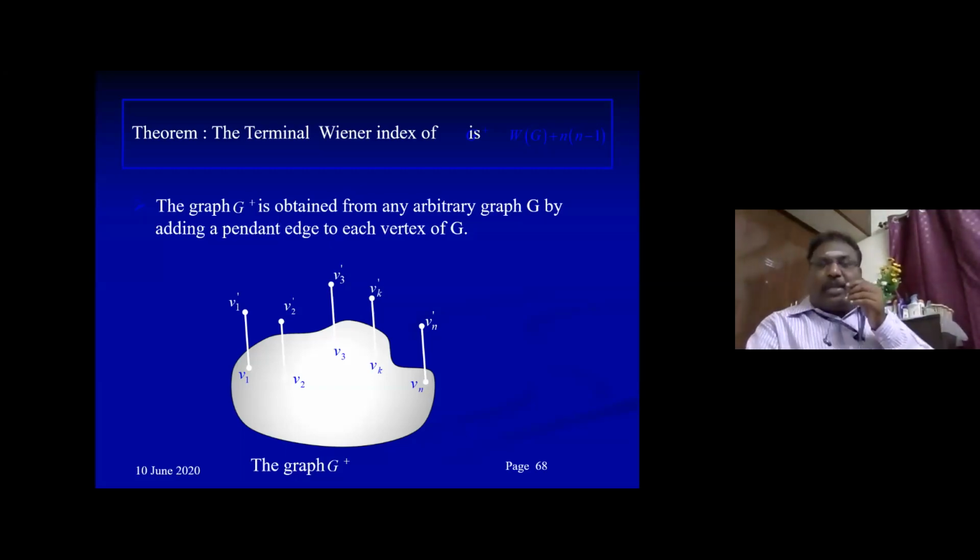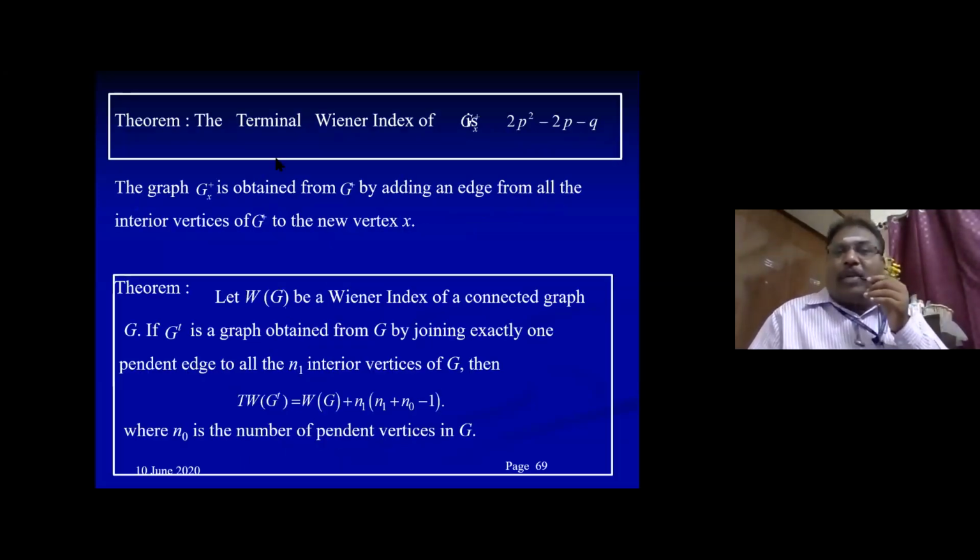That gives me a beautiful terminal Wiener index of G plus as 2p square minus 2p minus q. What are p and q? p is the number of vertices and q is the number of edges. So 2p square minus 2p minus q. Look at the great mathematics in this. The terminal index of the new graph is simply expressed in terms of the original graph. The new graph will have p plus p vertices, 2p vertices.